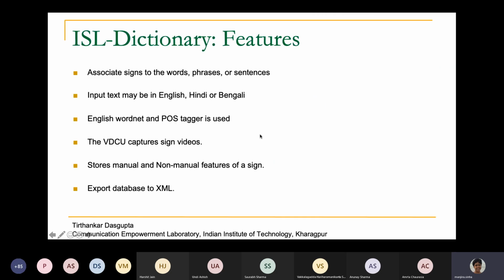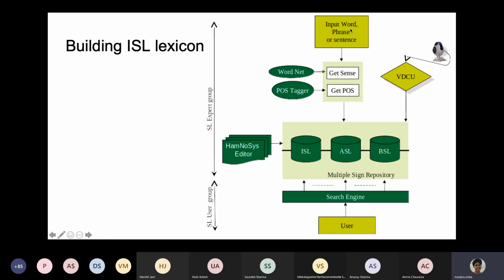Basically, we have an input word or phrase or sentence. This part is simple, common for all natural language parsing. You type to identify the conceptual mapping of the different words and phrases. These are the same.